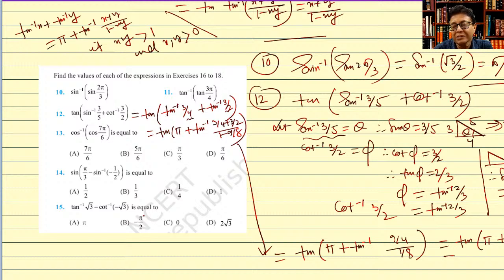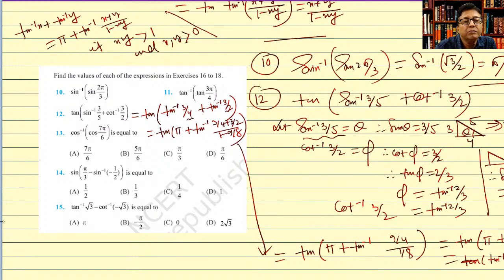Tan of pi plus theta is tan theta only. So tan of tan inverse of minus 18, and minus 18 belongs to R. So the value is minus 18. Got it? So this kind of simplification you can try on your own.